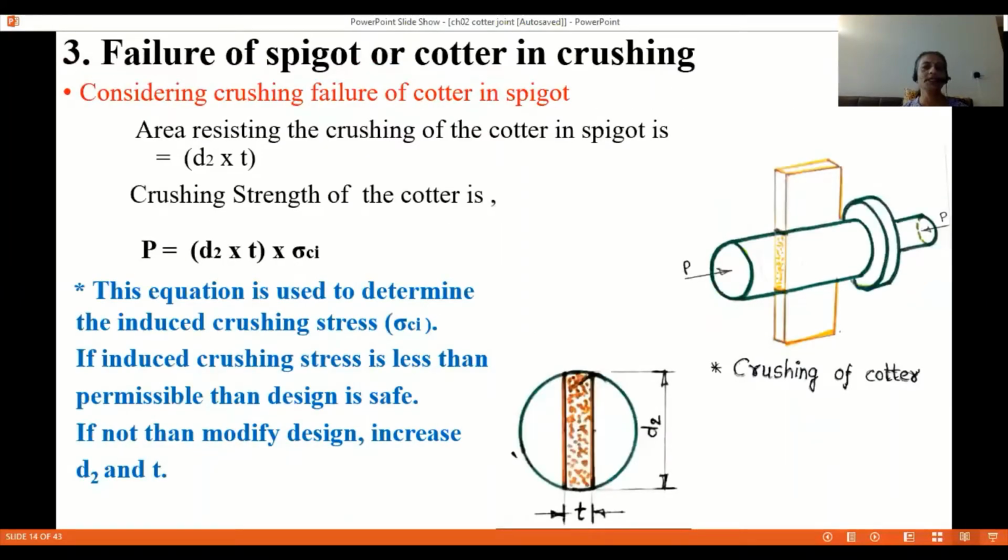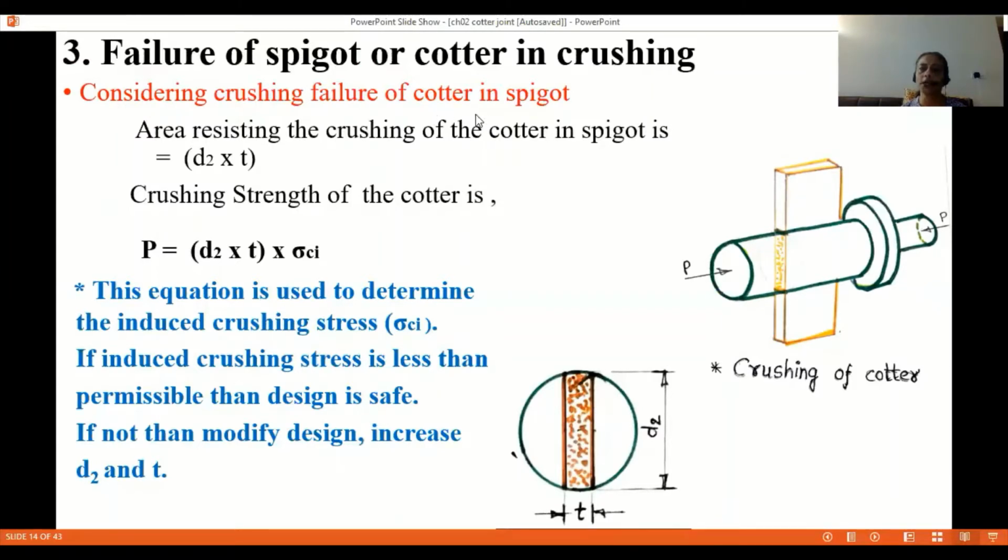As we have used an empirical relationship in the second step, we must check whether our design is safe or unsafe. So we will consider crushing failure of the cotter in the spigot, and that is our third step.